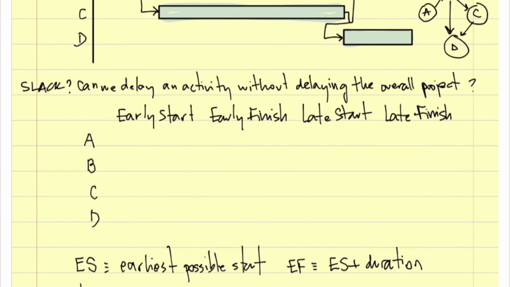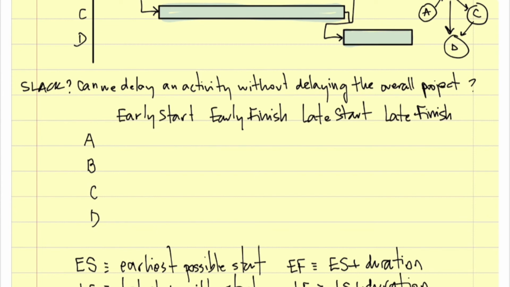Late start is the latest possible start, and late finish is the late start plus the duration of the node.